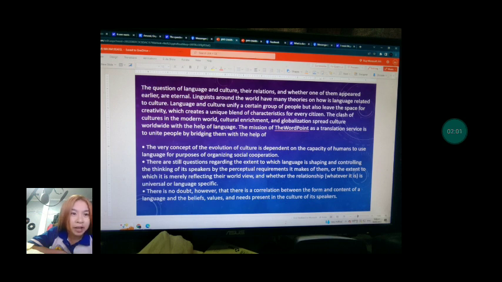Linguists around the world have many theories on how language is related to culture. Language and culture unify a certain group of people but also leave space for creativity, which creates a unique blend of characteristics for every citizen.